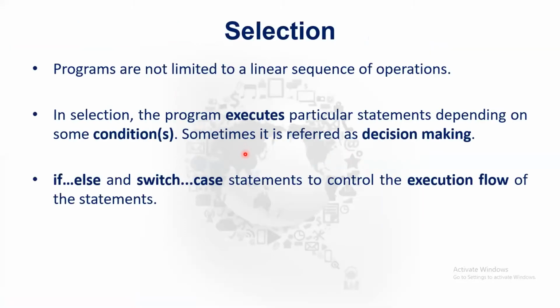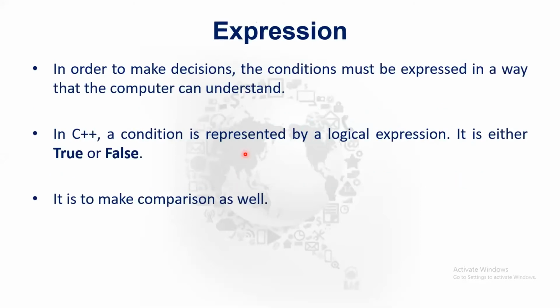When you are writing a program, you have to make some decisions, whether you fulfill the conditions or not, so that you can run the program. How do you actually do it? You will need a condition expressed in a way that the computer can understand. We'll talk about it later.